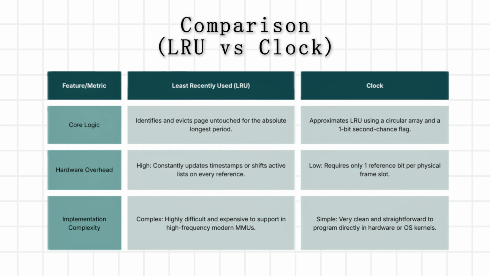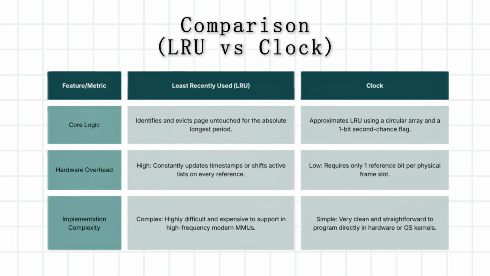Secondly, for hardware and overhead, LRU requires a high overhead because the system must constantly update timestamps or shift active lists on every single memory reference. Clock, on the other hand, keeps overhead exceptionally low by requiring just one reference bit per physical frame slot.